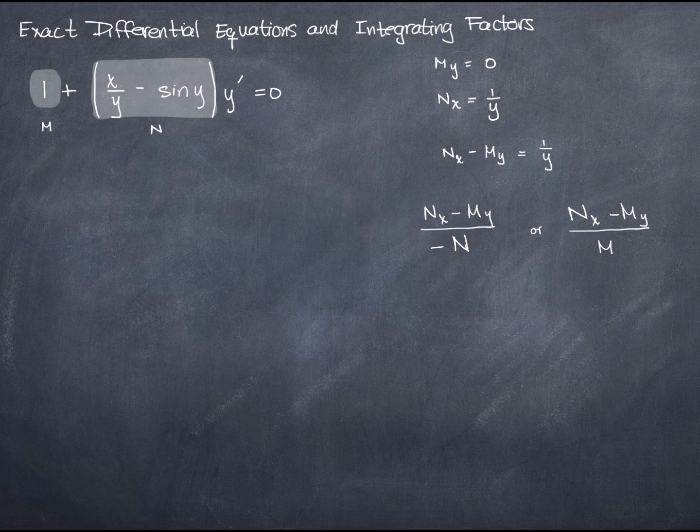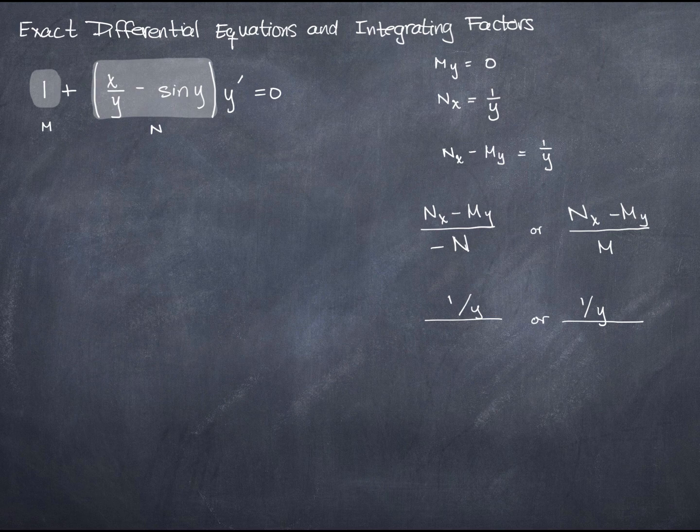And as you can probably see, taking negative n would give me sine of y minus x over y. Putting that down here is going to make this very messy and quite difficult. My n sub x minus m sub y is just 1 over y. That's the same for both.